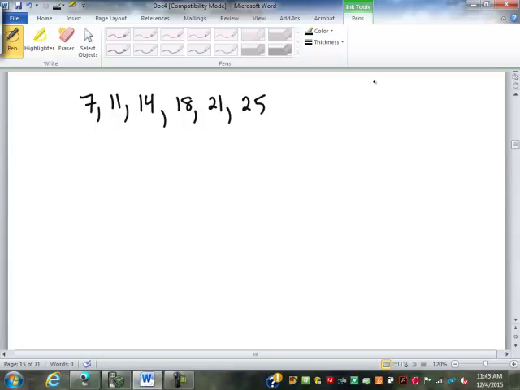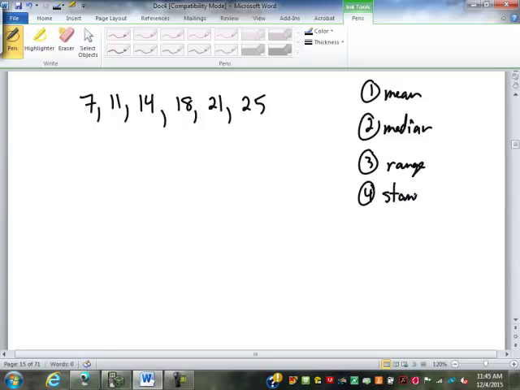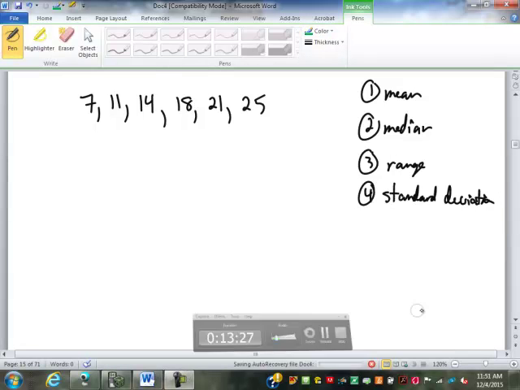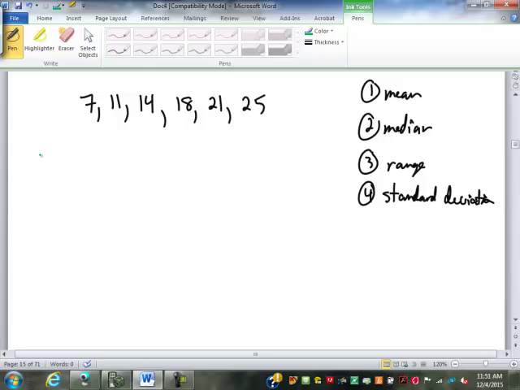Find from these numbers the mean, the median, there is no mode, the range, and the standard deviation. I'll pause this. Let's take a peek at how you're doing so far.